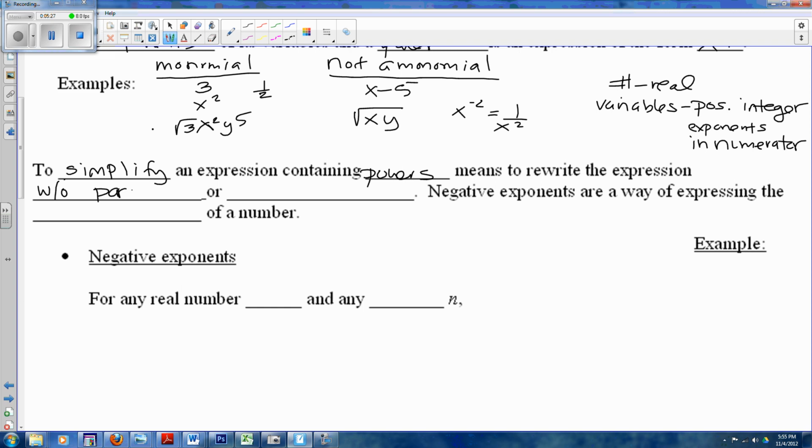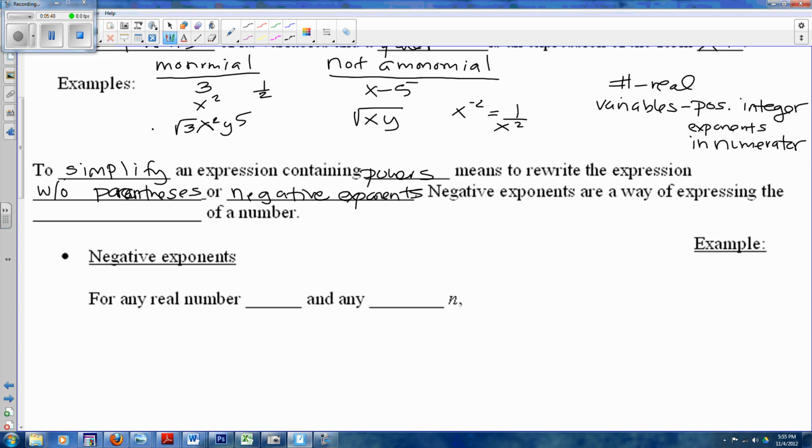Without parentheses. Parentheses. Or negative exponents. In simplified form, you don't have these. You have to rewrite it.